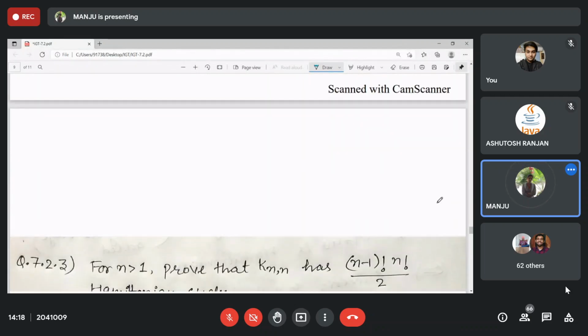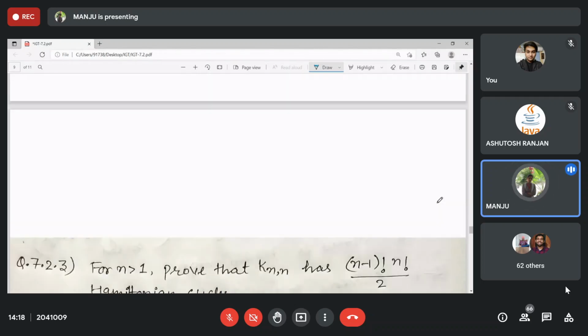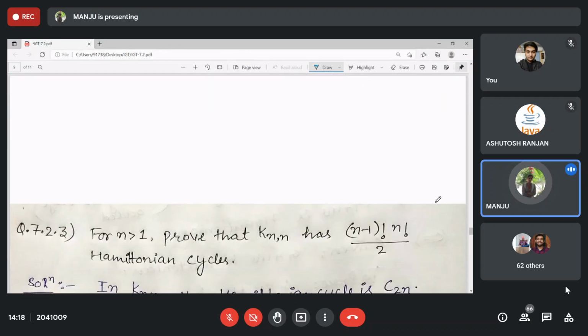Next. Now we know that KNN for N strictly greater than 1 is a Hamiltonian graph, right? Which cycle exists? C2N.